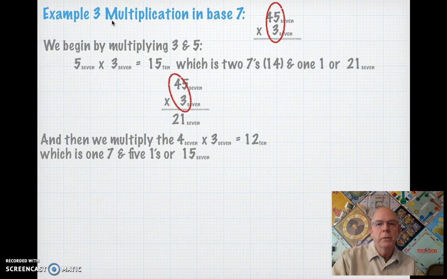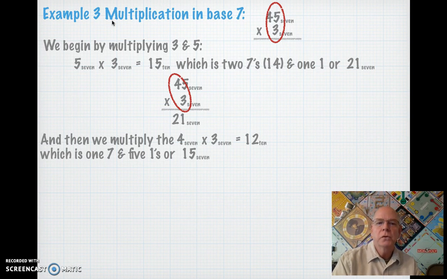All right? So our next step would be to multiply the 3 times the 4. So when we multiply 4 by 3 in base 7, we would get 12 in base 10. 4 times 3 is 12 in base 10. But again, we have to convert that back to base 7. Well, there's only one 7 in 12, and so we would take out that 7 and there would be 5 left over, and because 5 is less than 7, we're okay in base 7.